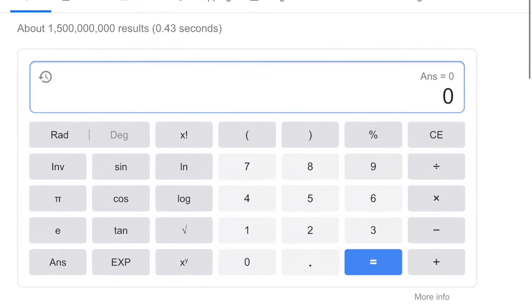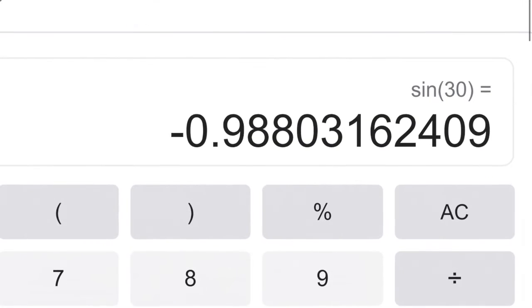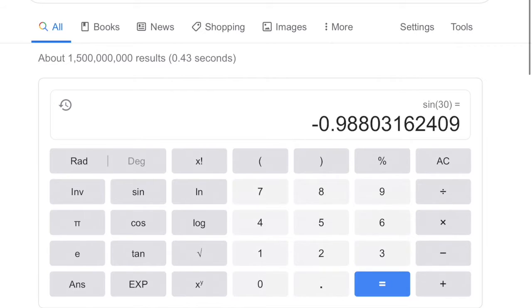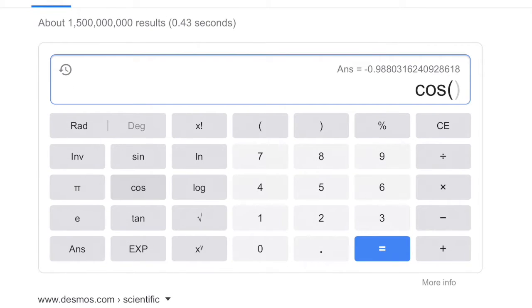Here's my little check that I do. Type in the sine of 30 degrees and hit enter. And now type in the cosine of 60.